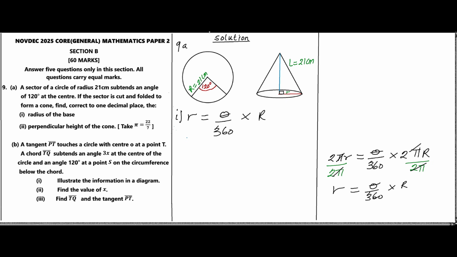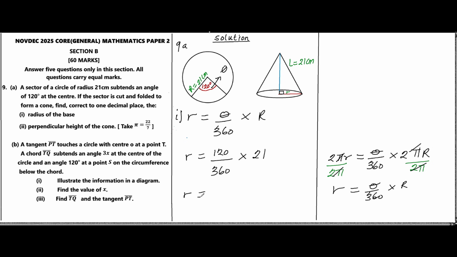So we just do our substitution. We know that theta is 120 degrees. So this is our theta and this is our R. So we have 120 degrees divided by 360 degrees multiplied by the radius of the sector, which is 21 centimeters.